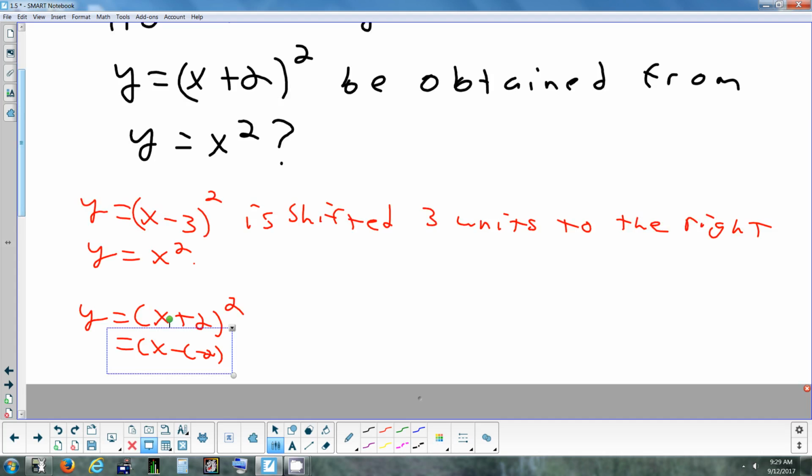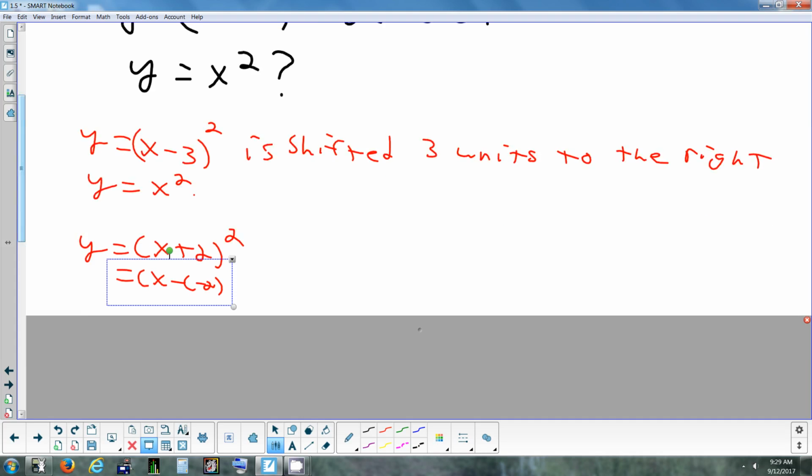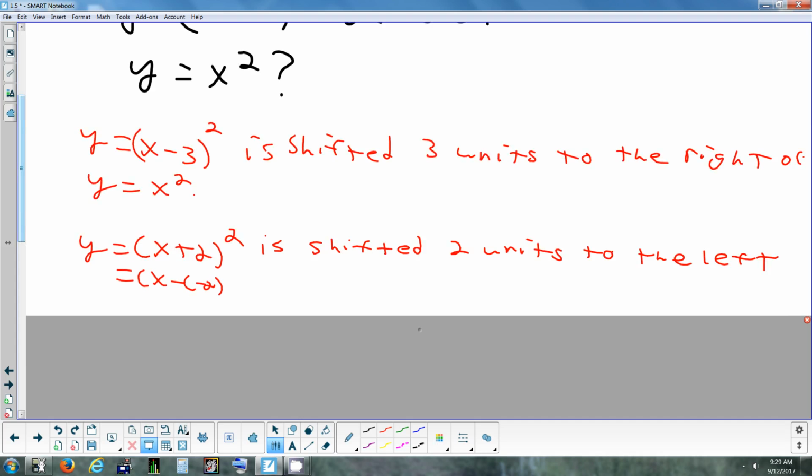Look at the number after the minus sign. So y equals x plus 2 squared is shifted 2 units to the left of y equals x squared.